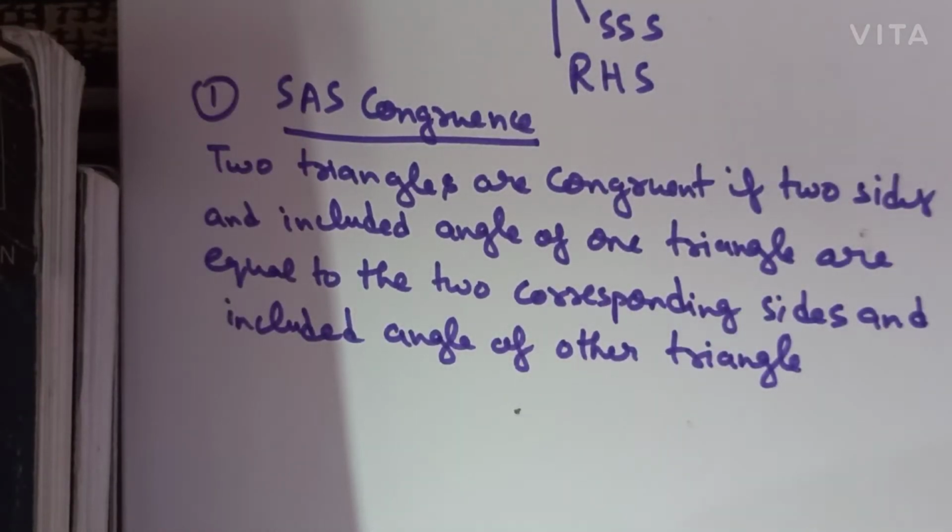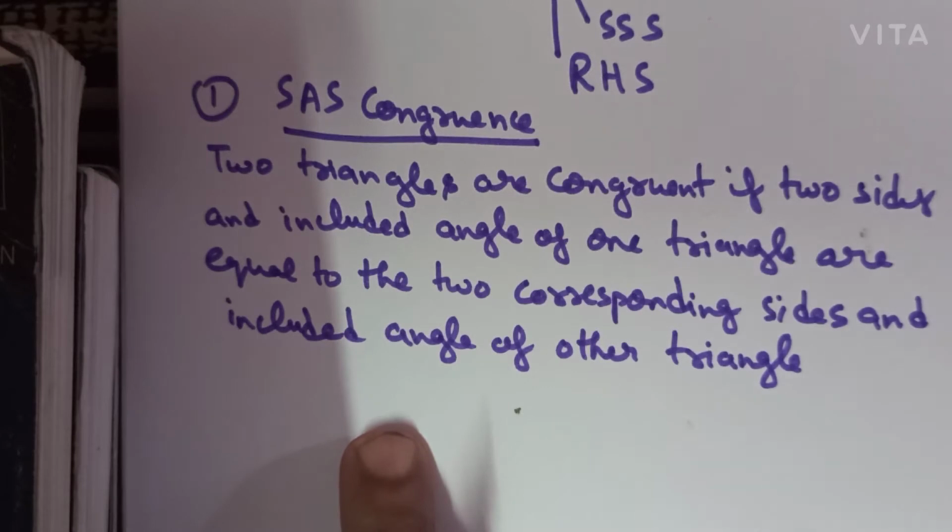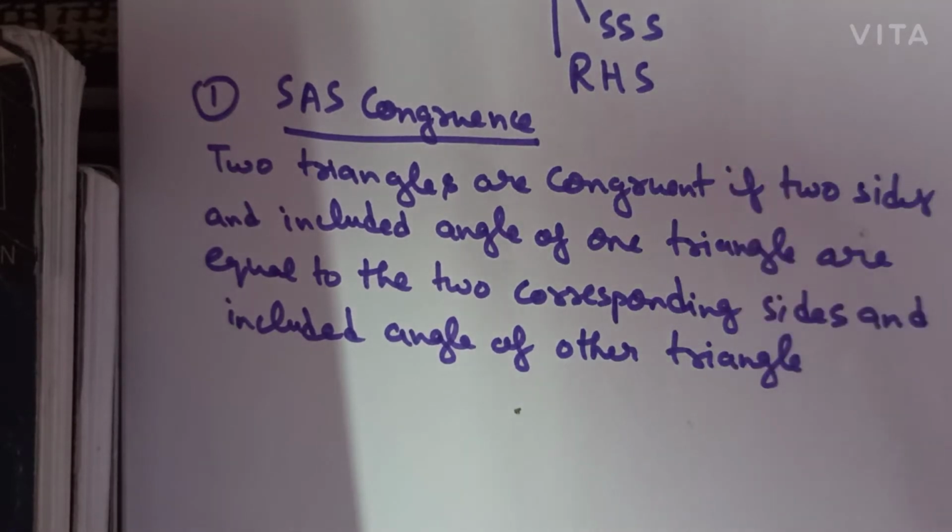According to side angle side congruence, two triangles are said to be congruent if two sides of the first triangle are equal to the two corresponding sides of the other triangle, and the included angle of the first triangle is equal to the included angle of the other triangle. Included angle means the angle between the two sides.